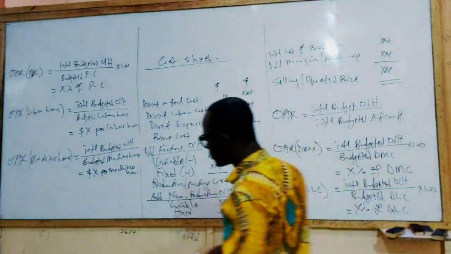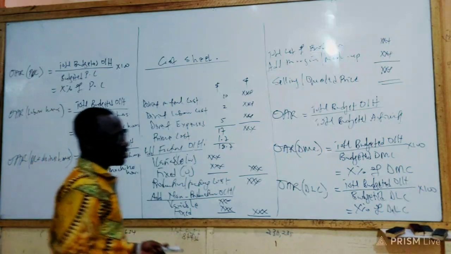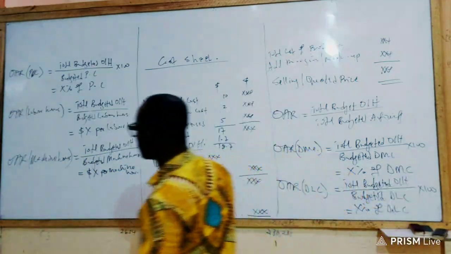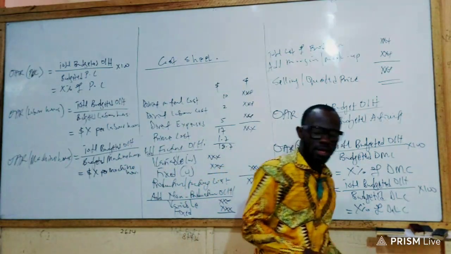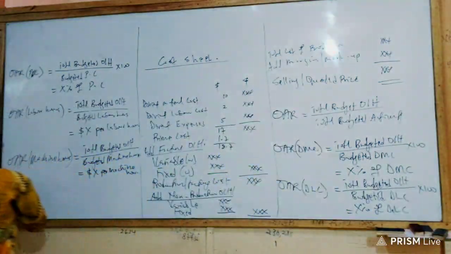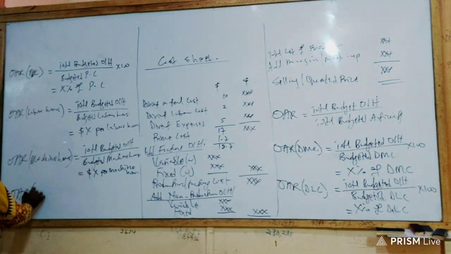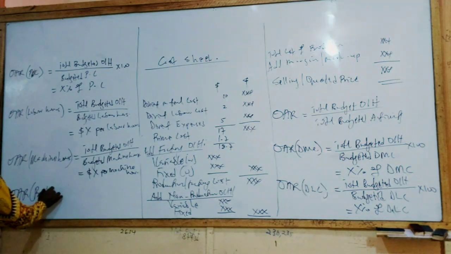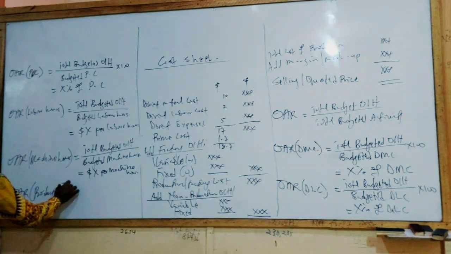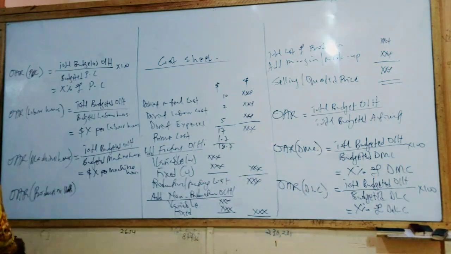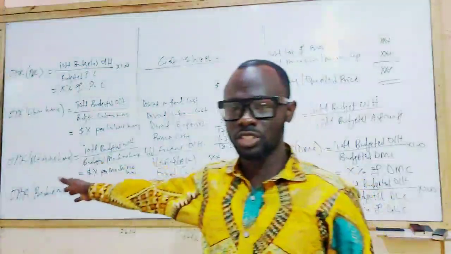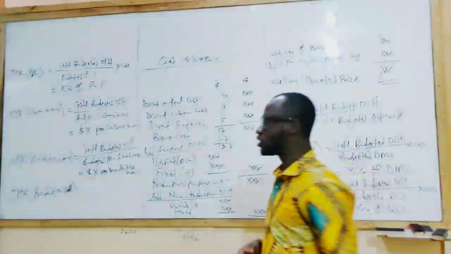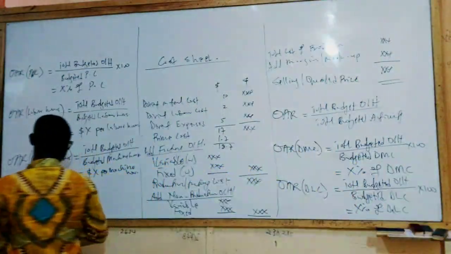Then the last one is going to be the overhead absorption rate based on production units. Like the name suggests, this time around we are calculating the overhead absorption rate, but we are using what?